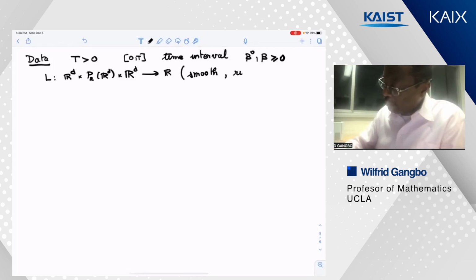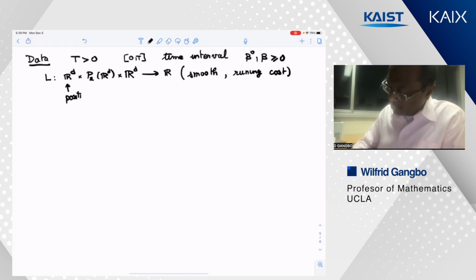And in the game, it represents the running cost. So the first R^d serves as a position. The last R^d serves as the set of velocity. And the set of probability measures is the distribution of the players.